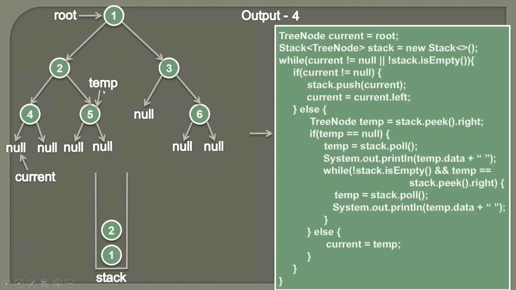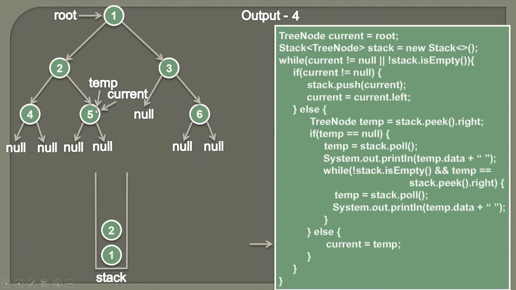And here we will check whether temp is equal to null or not. Here temp is not equal to null, which signifies that on the right part there is a node which can also have left and right children. We can't directly visit this node because it might contain left and right children. So this condition comes out to be false, and we go in the else part, where we assign current to temp. Why are we assigning current to temp?